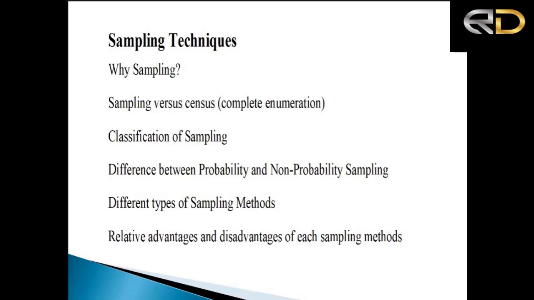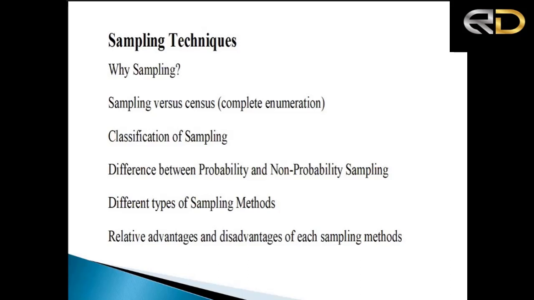Whenever the population is very large and it takes too much time, money, and manpower to get information on every unit of the population, we take a part of the population known as a sample. One thing we should keep in mind is that this sample must be chosen in such a way that it is well representative of the population.